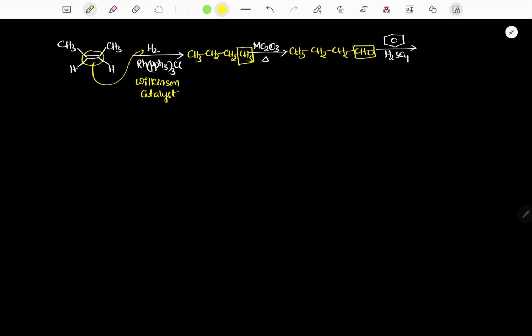Aldehyde treated with an aromatic compound in the presence of H plus. Initially the carbonyl attracts H plus and gives the corresponding oxonium ion. Breaking of the pi bond produces the electrophile C plus. Now this electrophile attacks the benzene, and we get the corresponding aromatic compound.